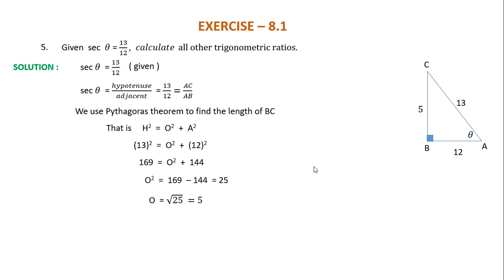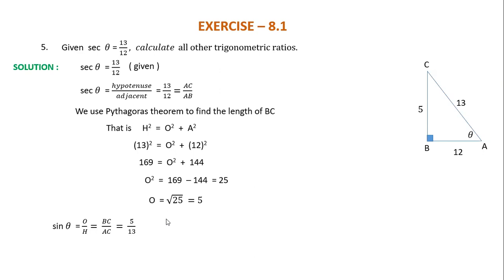Okay. Now, let's write all the other ratios. First ratio, sine. Sine is O upon H. O is 5 and H is 13. So 5 upon 13. Without the figure also you can write it. You need not draw the figure, just remember this.